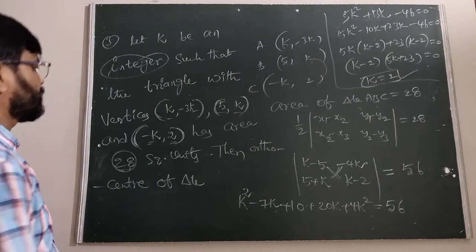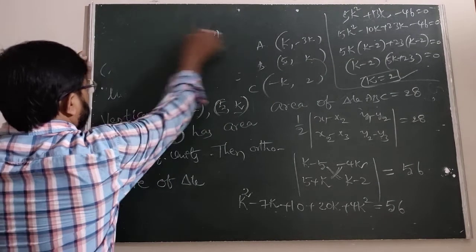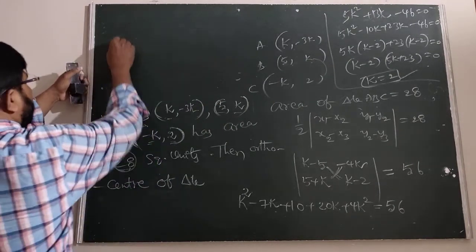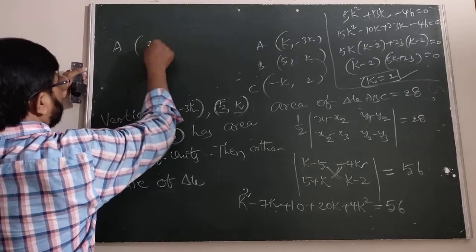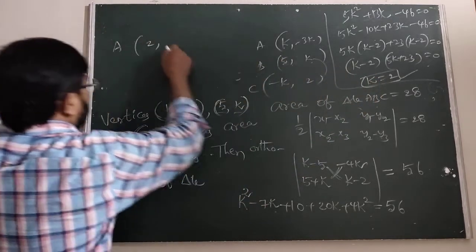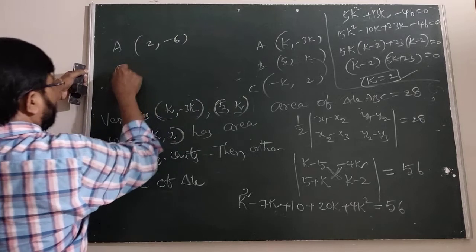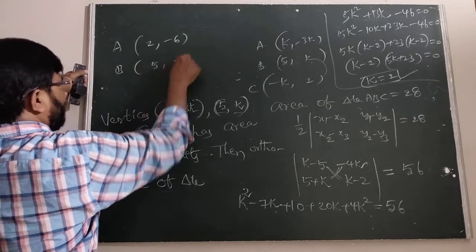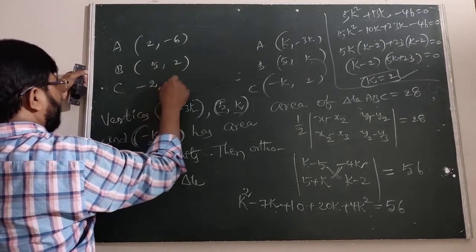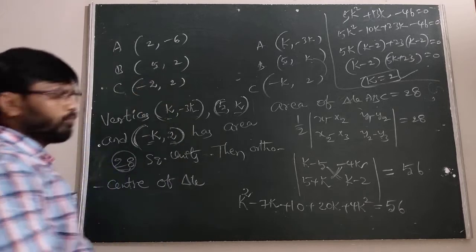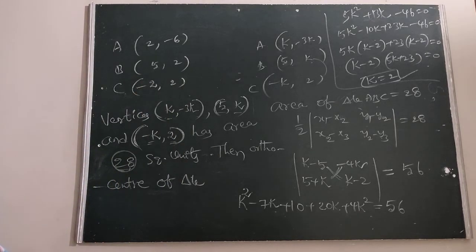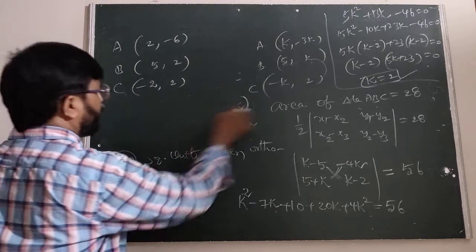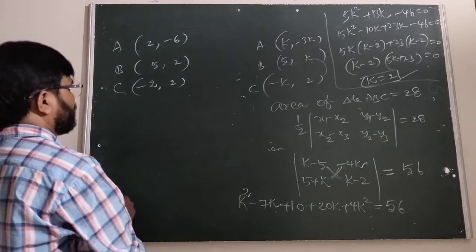Now substitute this k in the given points. A is (2, minus 6), B is (5, 2), C is (minus 2, 2). Now we have to find the orthocenter. How to find the orthocenter?